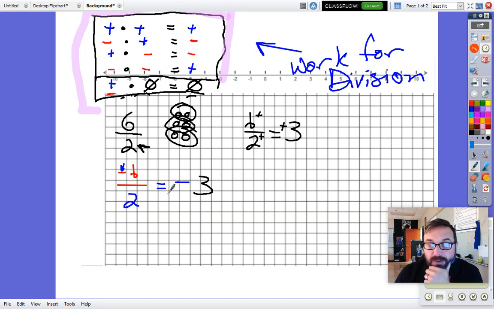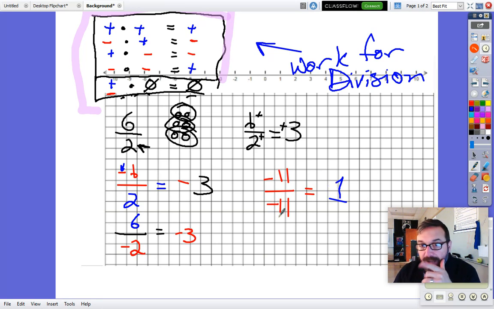It's going to give me a negative result. If I was to have a negative 2 and a positive 6, that's going to give me a negative 3, because that's what my chart says. And if I was to have a negative 11 divided by a negative 11, I'm going to get a positive 1. And that'll be a positive 1 because I have 2 negatives.